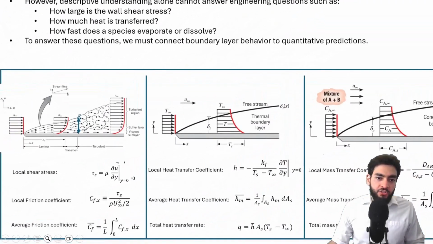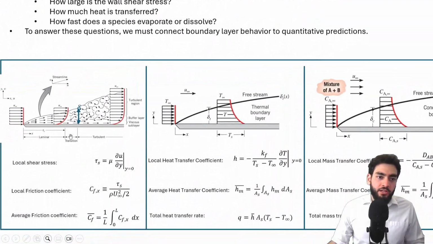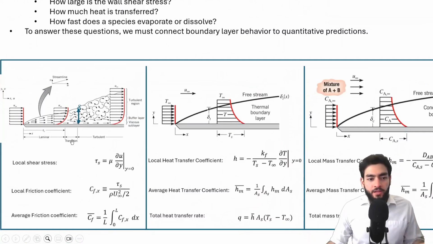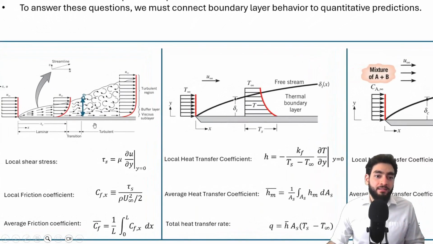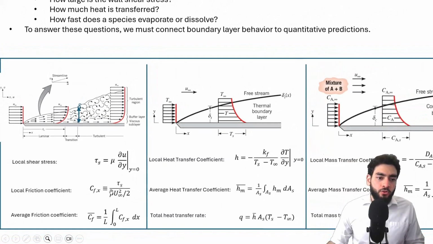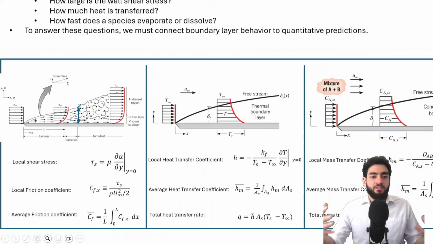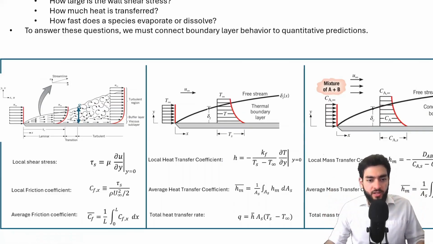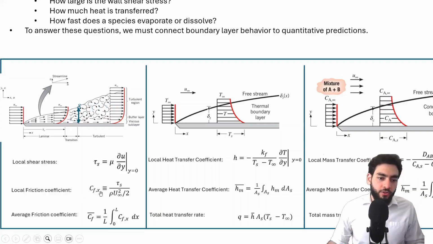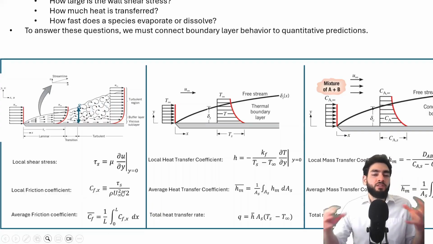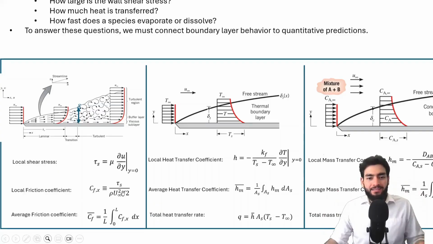And essentially, let's look at the friction here. For instance, you have the shear stress, and the shear stress is dependent on the velocity gradient evaluated at the surface. And so the higher the velocity gradient, the higher the shear stress. And so the friction coefficient, which is proportional to the shear stress, would be impacted.